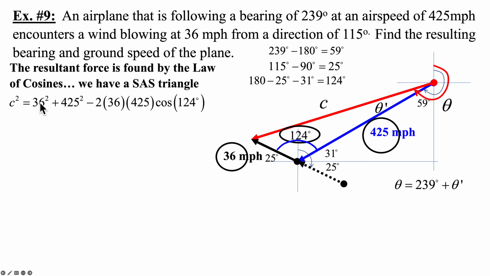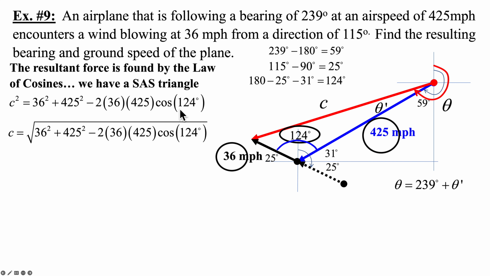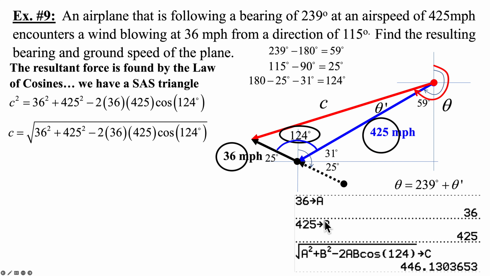So c squared is equal to 36 squared plus 425 squared minus 2 times 36 times 425 times the cosine of 124 degrees. Yes, we're going to take the square root of that. Because the sides are so big, I'm storing 36 in for A, 425 in for B, and plugging it in as the square root of a squared plus b squared minus 2ab cosine of 124 degrees.